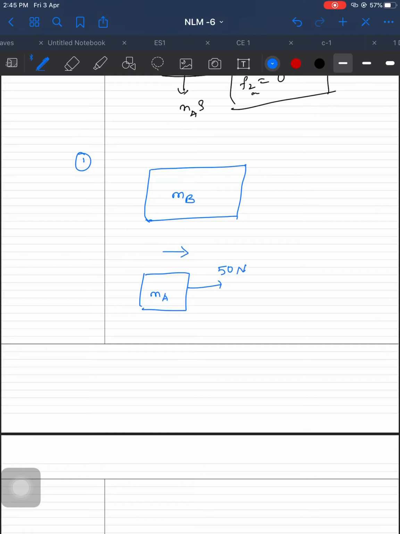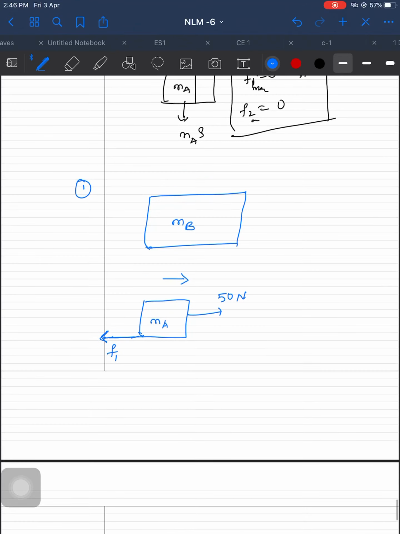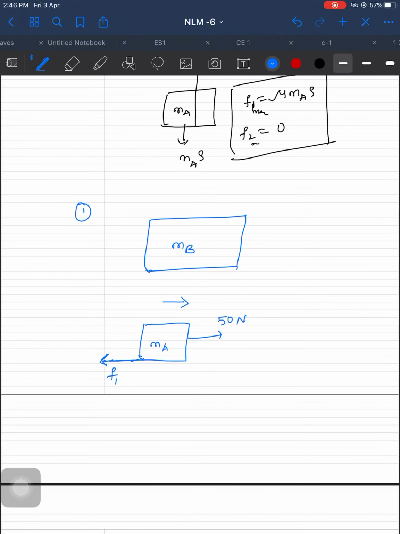The tendency is to go to the right side, right? And in which direction does friction act? Friction F1. The same friction will act on B in which direction? In the right direction. The friction which is opposing block A is the cause for movement in block B.